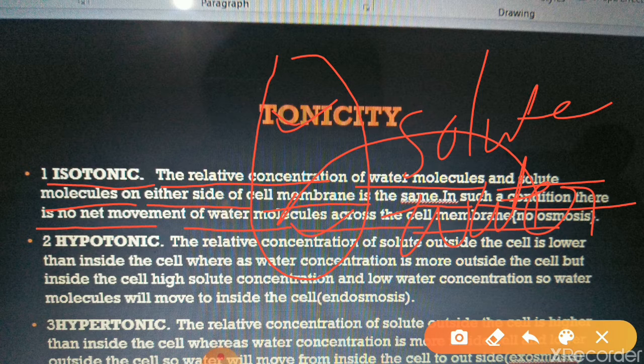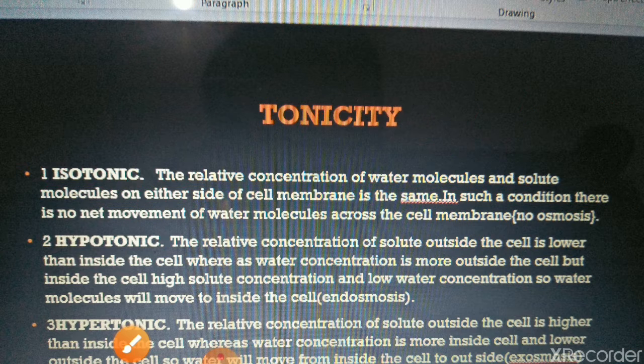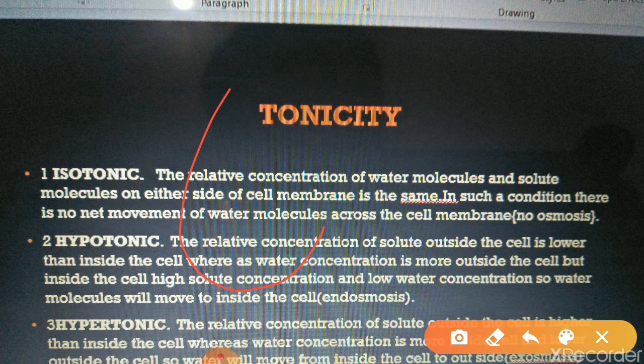To inside or outside. Such a condition of the solution we can call an isotonic solution. It means the solute concentration and water concentration will be the same inside and outside the cell. So no osmosis in such a condition.